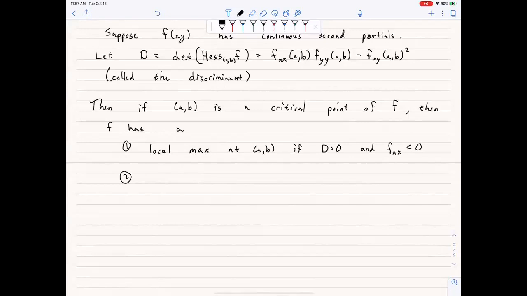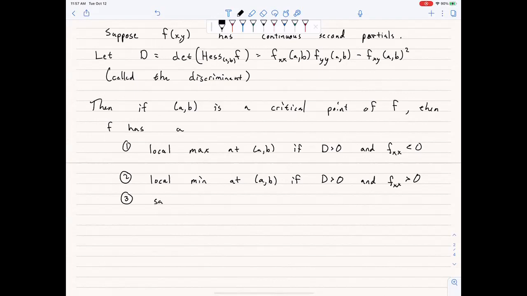It has a local min at (a, b) if this discriminant is positive, but now the second partial is also positive.